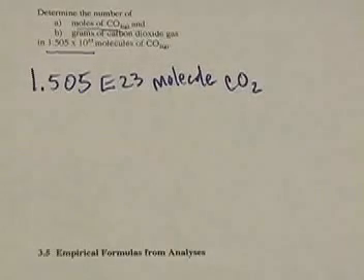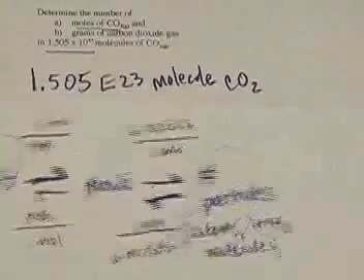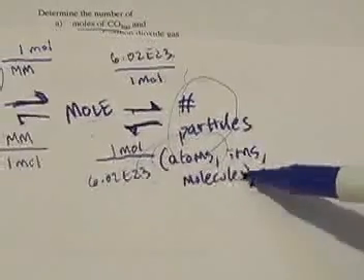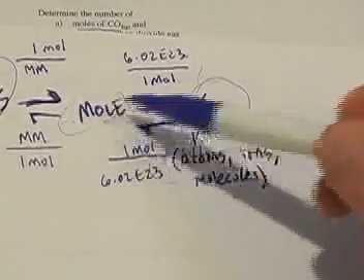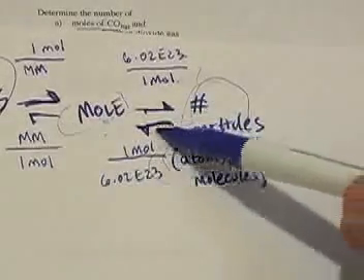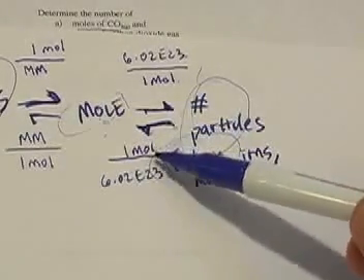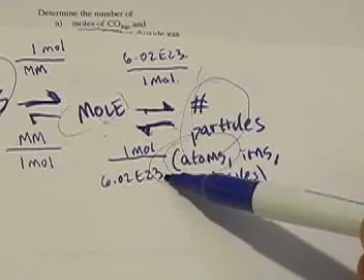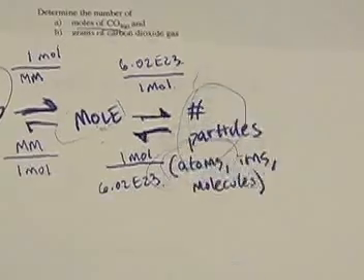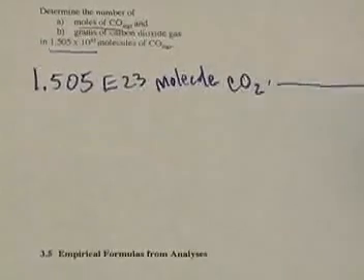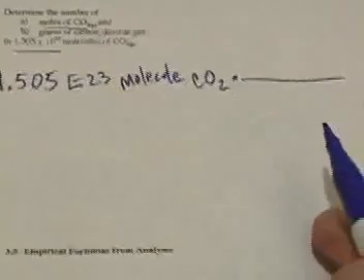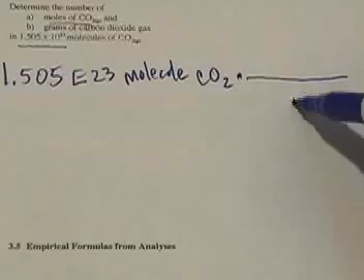And it says in letter A, first of all, the number of moles of CO2. If you look at our little diagram right here, if we're given a number of particles, in this case a number of molecules, and we want to move to a number of moles, notice the relationship we use with this arrow: mole on the top, number of particles, or Avogadro's number, on the bottom. So multiply sign, put a line, put molecules in a position where it's going to cancel.